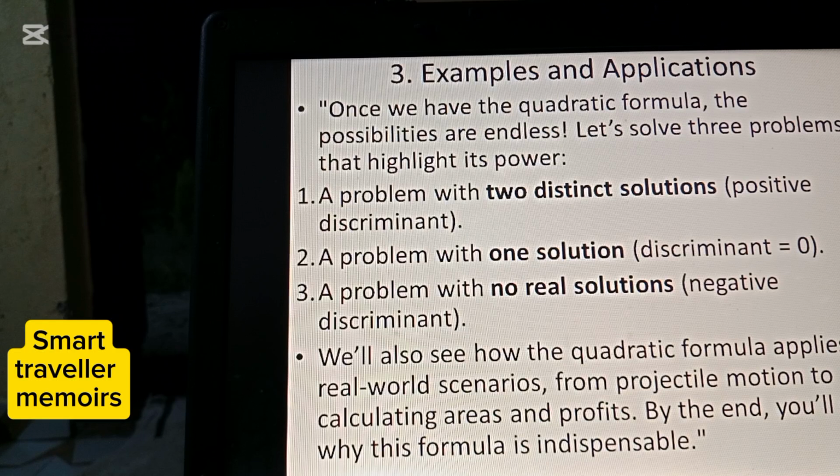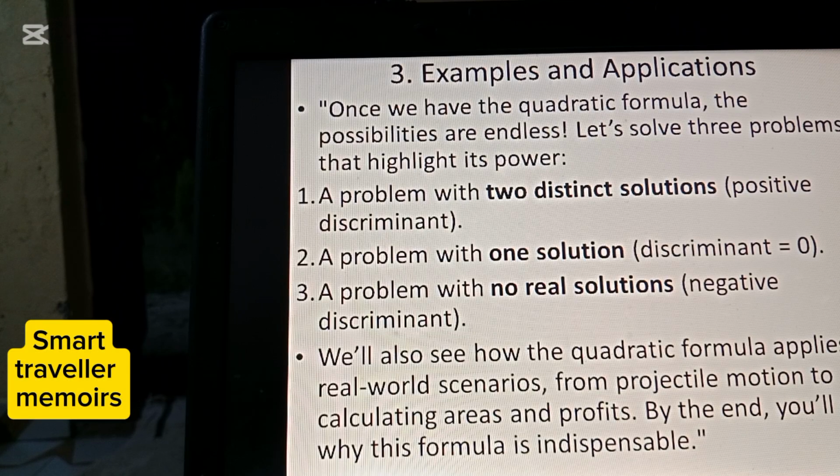One problem will give us one solution only, and another problem will give us no real solution. For no real solution, we get a negative discriminant. For one solution, the discriminant is 0, and for two distinct solutions, the discriminant is positive.